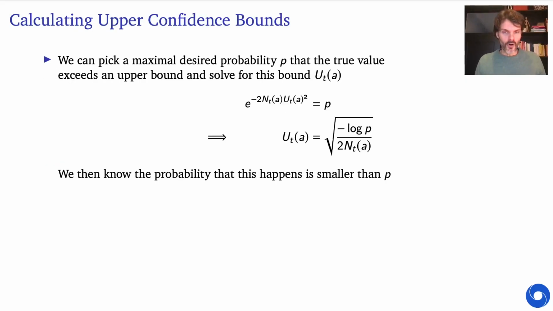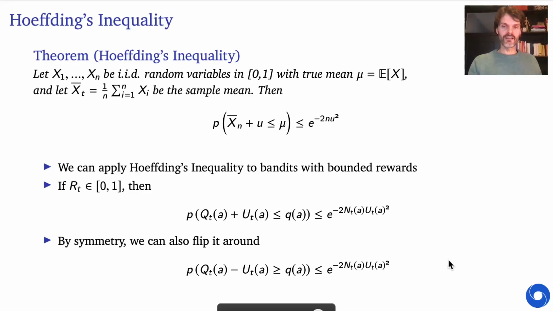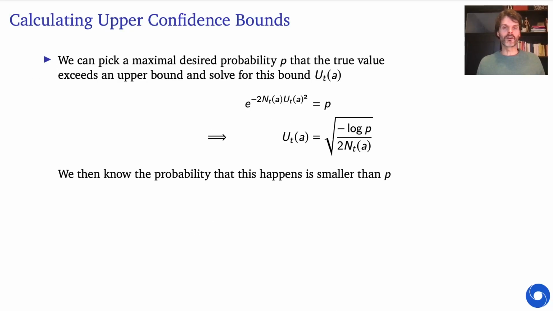Now, the whole idea behind UCB is to basically pick a probability. So we have here a bound on the probability, and we're going to say, well, let's pick U so that this doesn't exceed some number. So let's pick a probability P, and we're going to say, let's set our bound equal to that probability P. Now we can solve this for the bound U. If we want this first statement to be true, that means we have to pick U in the following way.